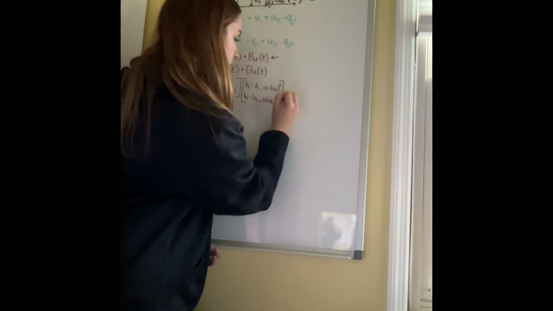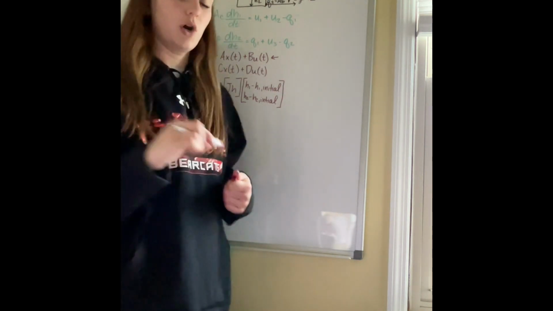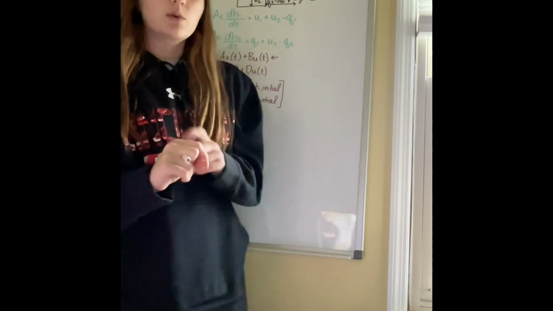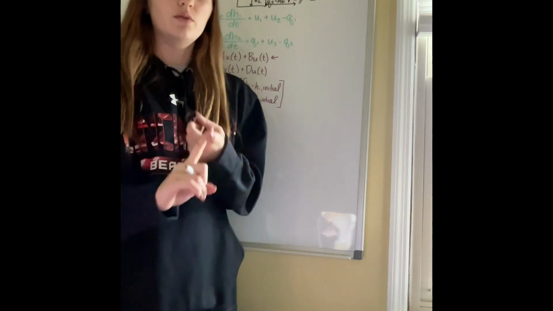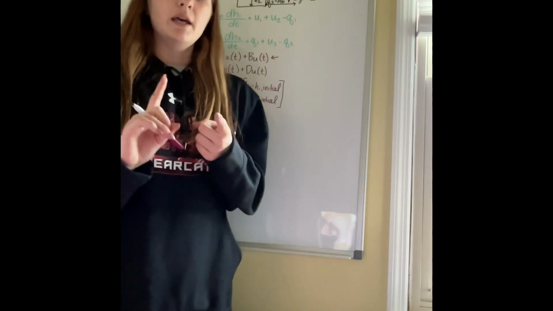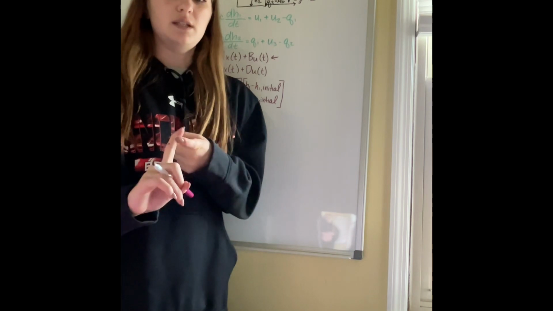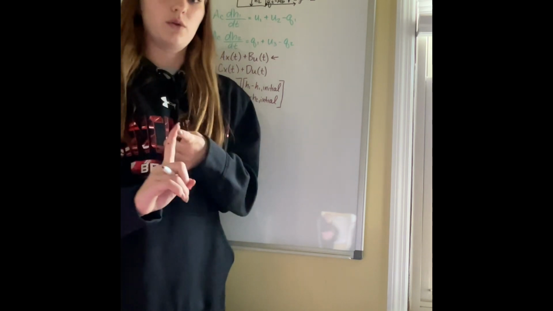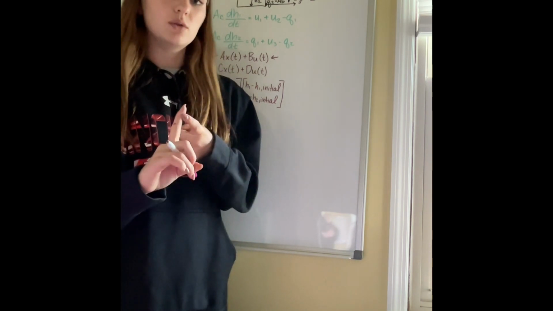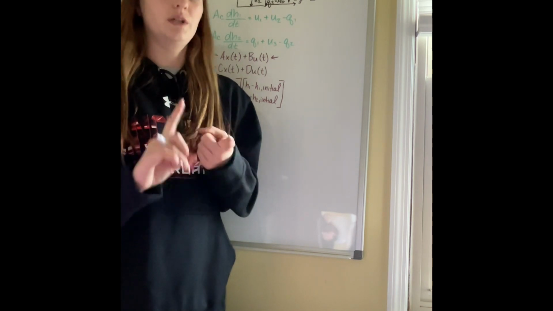And then we also need to multiply this by the Jacobian of our partial derivatives for our u values. So it's dh1 over dt with respect to u1, u2, and u3, and then our dh2 over dt with respect to u1, u2, and u3.